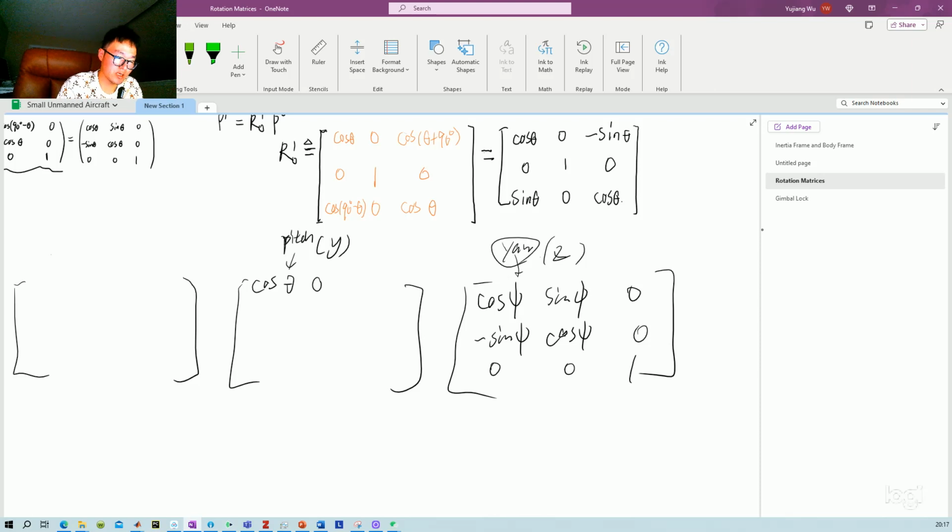So it's cosine theta, 0, negative sine theta, then 0, 1, 0, and sine theta, 0, cosine theta.